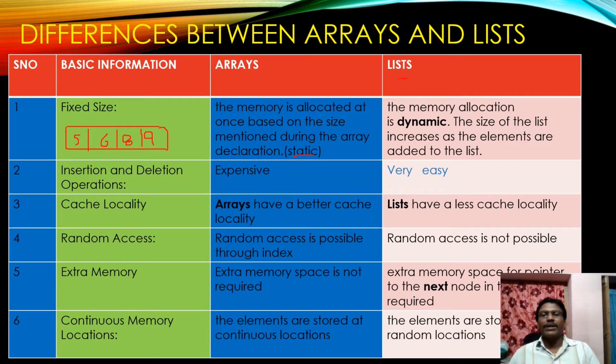In arrays they are expensive. For example, take an array of four values: 5, 6, 8, 9. Now I am inserting 7 in the middle, after the sixth value. It is expensive because first 9 is moved to the next location and 8 moves to the next location, then 7 is inserted.